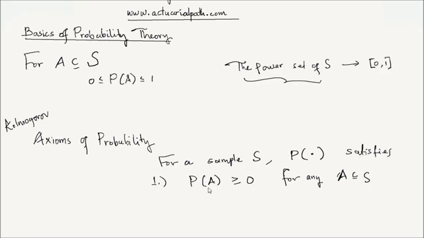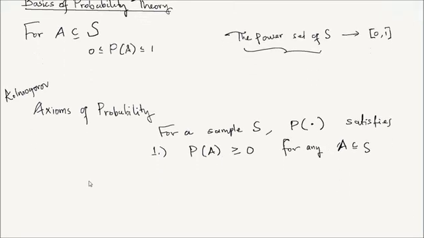Number 1, the probability of A is greater than or equal to 0 for any event A in the sample space. Number 2, the probability of the sample space is equal to 1. This should not be a surprise. The sample space is the list of all possible outcomes of your experiment.